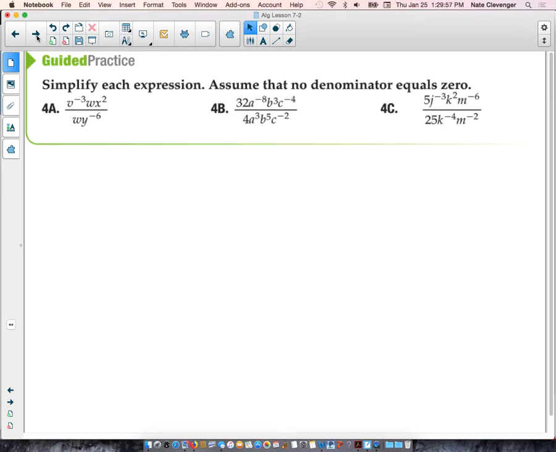Put the 2 up. No, I got 8. Sweet, I got it. How do you do that, Corey? You just have 32 divided by 4 is 8.